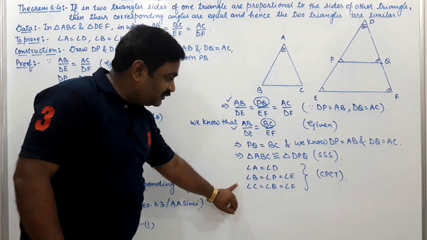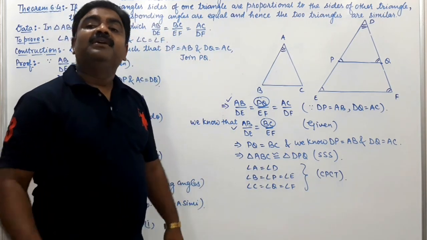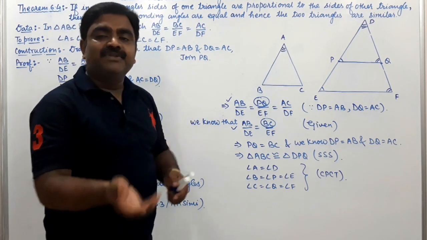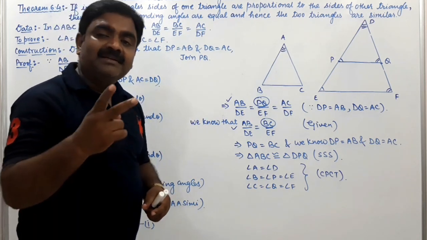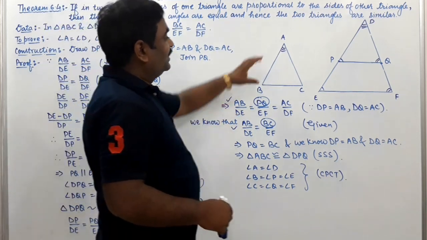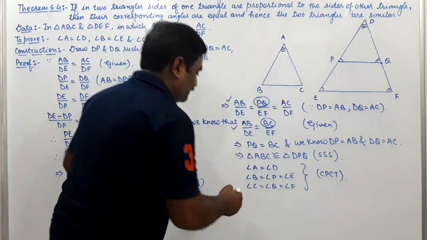Angles are equal as we have proved, and sides are in proportion as given. So these two conditions are sufficient. Therefore triangle ABC is similar to triangle DEF.